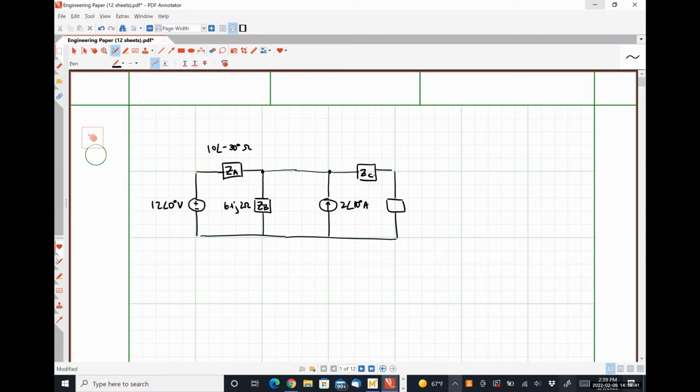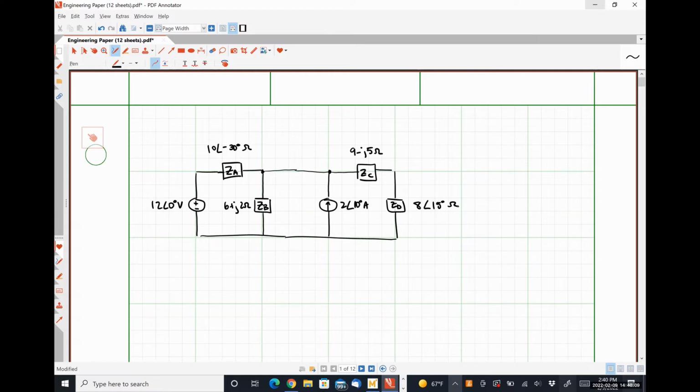Let's call this impedance ZC, which will be 9 minus j5 ohms. And finally, this impedance will be ZD, which we'll call 8 angle 15 degrees ohms.